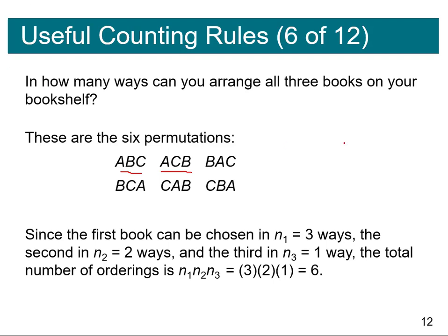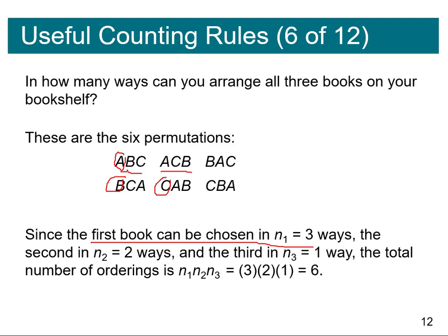And a way to count that would be to say that the first book can be chosen in 3 ways. We can put either A or B or C in the first place, so there are 3 choices for the first place. Once we've chosen something for the first place, there are 2 ways for the second place.